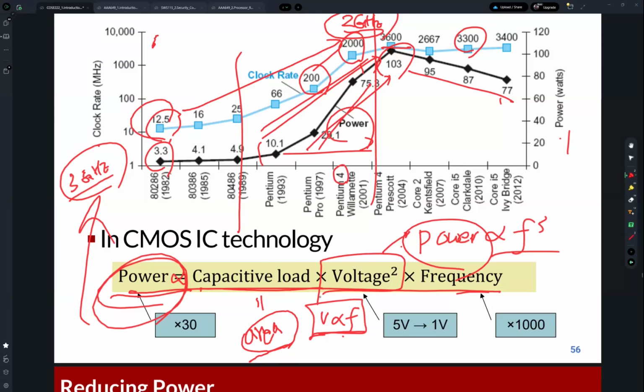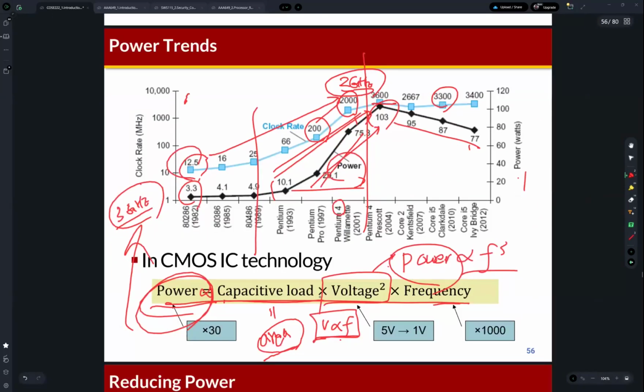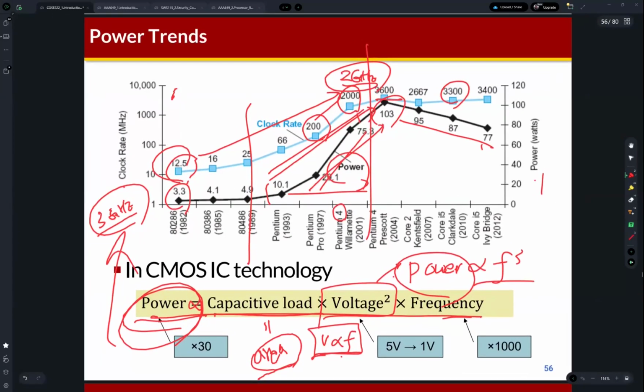So what's the matter? We want to increase the performance, right? The easiest, most direct way to increase the performance is to increase the clock frequency, right? But what's the matter? Power.